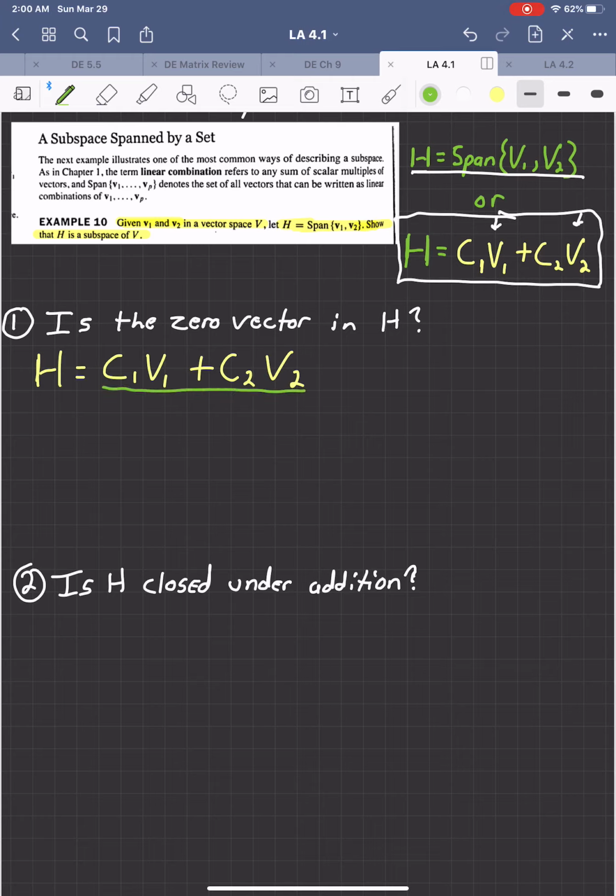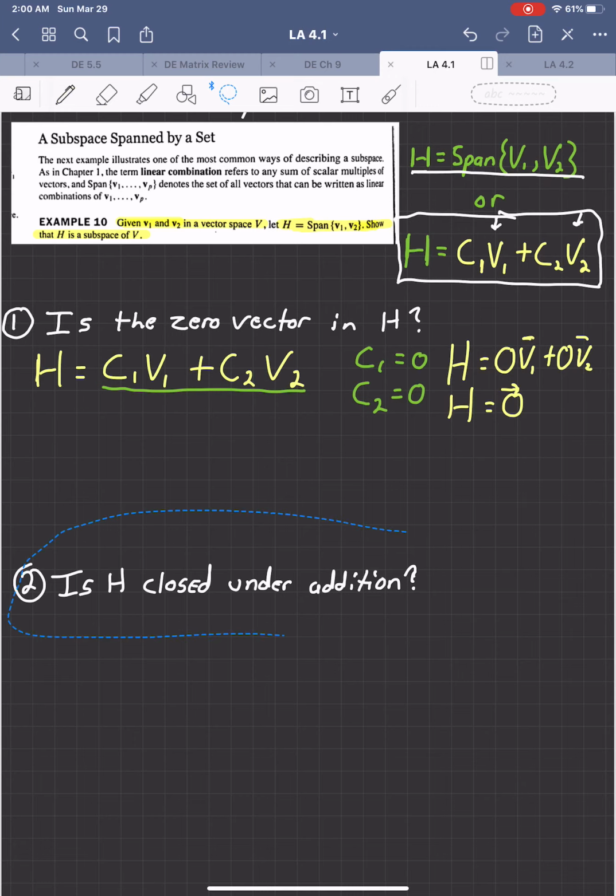Well, of course, because all that would be required is that you choose weights that are zero. You can choose any scalars that you want. So in that scenario, we would have 0 times v sub 1 plus 0 times v sub 2. In other words, that is the zero vector, which is exactly what we would need for that first axiom.